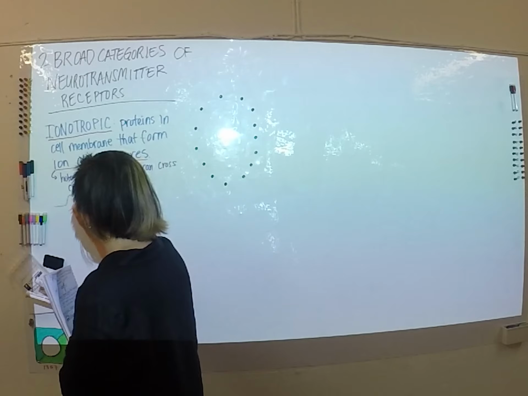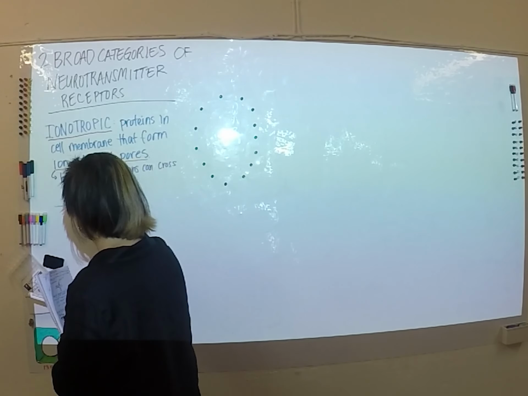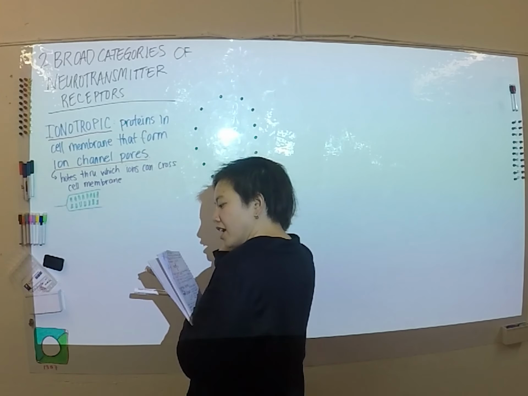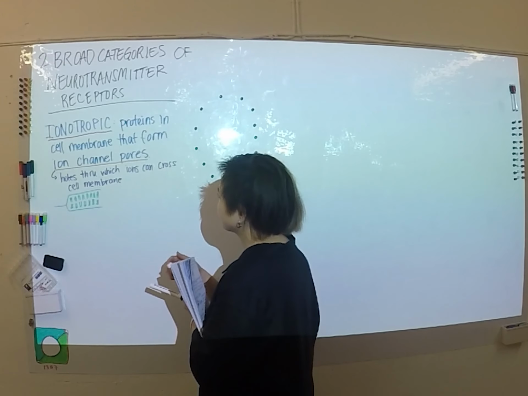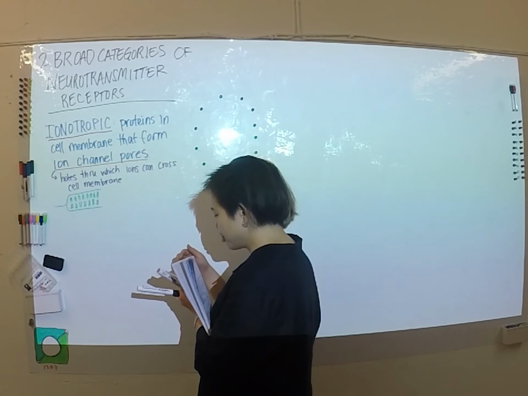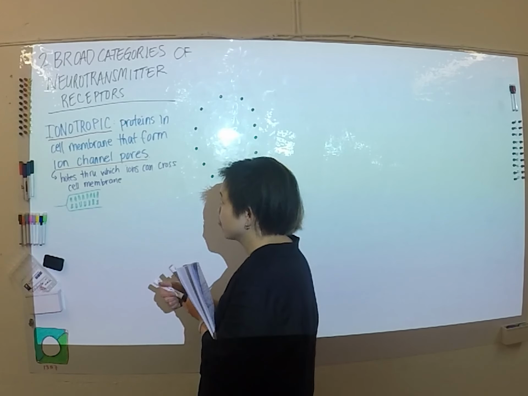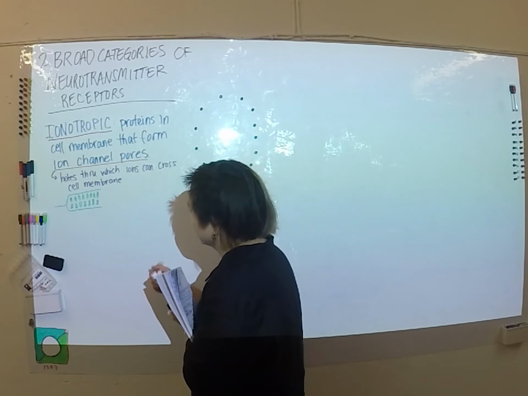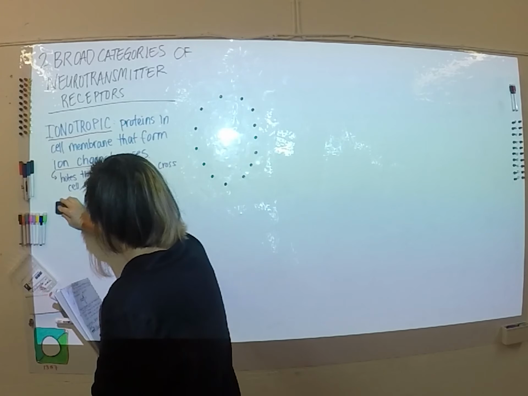All right. Then we have our ionotropic receptor, which I will draw in black, I guess. Oh, I should have given myself a little more room.